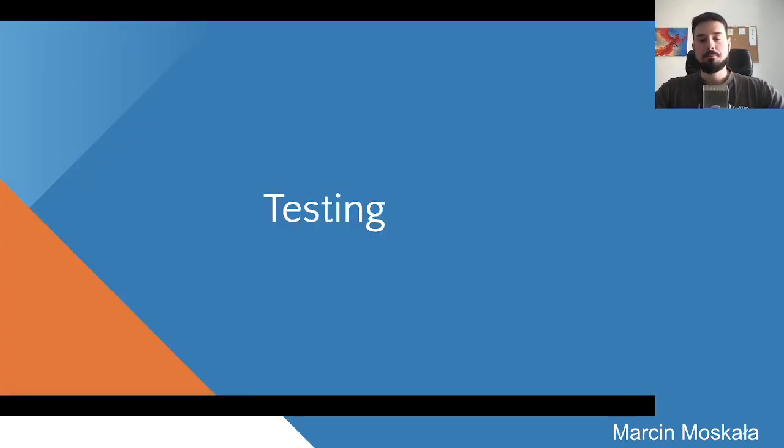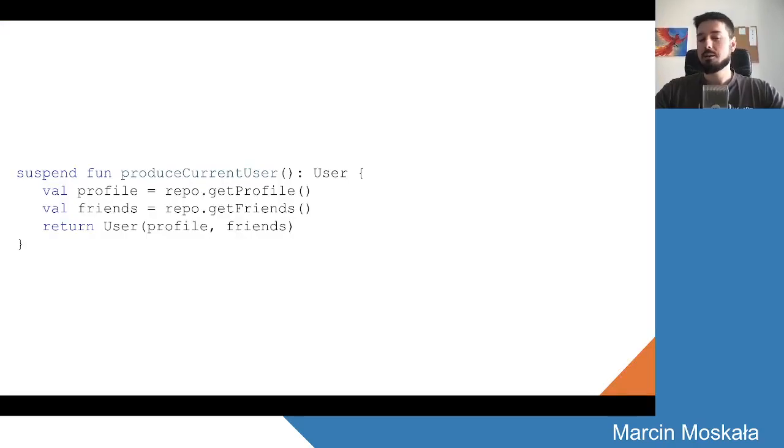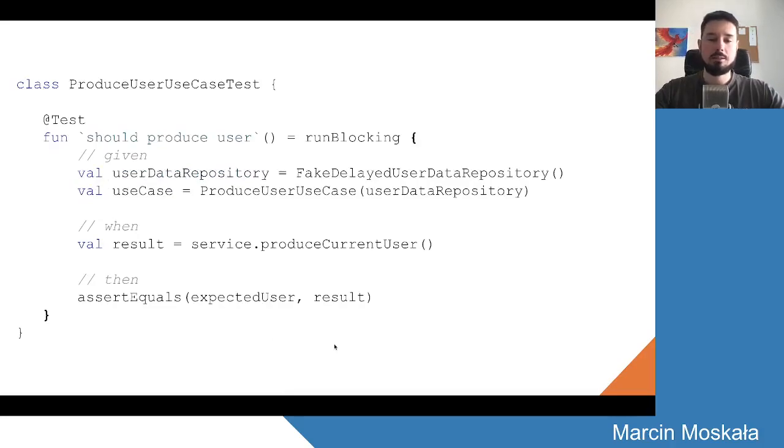This is what I wanted to tell you about the most important use cases. I would like to close with a little bit about testing, because testing is very important for us. Imagine that you have the following function that gets profile, gets friends, and returns user. Those are suspending functions. I just want you to know that testing that is nearly identical to testing blocking functions.